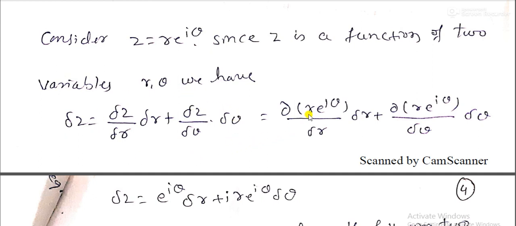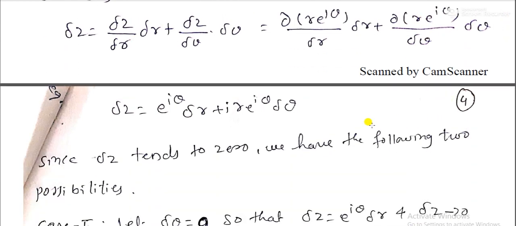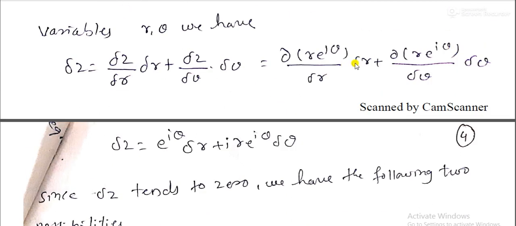After simplification, we substitute the z value: dou of r e raised to i theta divided by dou r into delta r, plus dou of r e raised to i theta divided by dou theta into delta theta. Then after simplification we get delta z is equal to e raised to i theta into delta r plus i r e raised to i theta into delta theta.